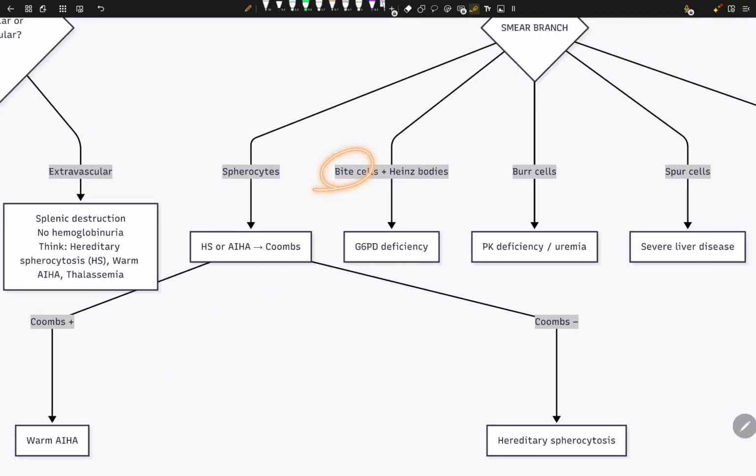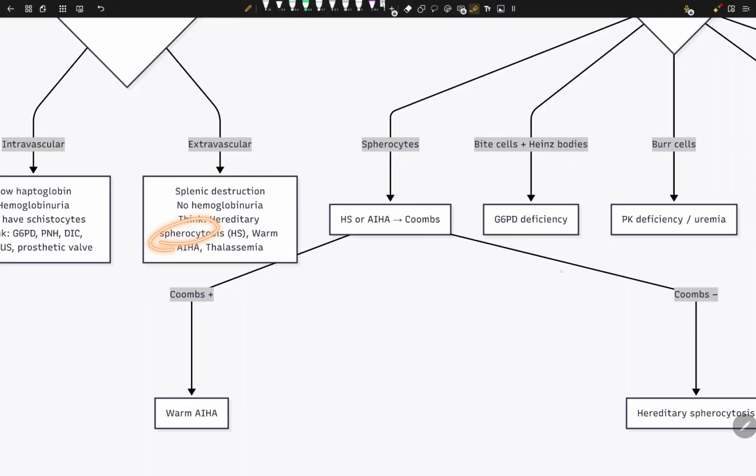Okay, so we have bite cells and Heinz cells. Simple. G6PD deficiency. I said spherocytosis, I was so wrong. We don't see Heinz and bite cells in spherocytosis. We see Heinz and bite cells in G6PD deficiency, because, step by step I'm going to tell you how it happens, right?